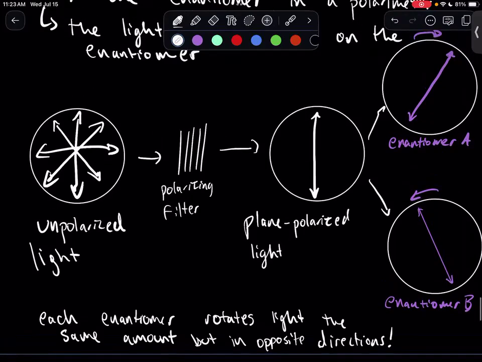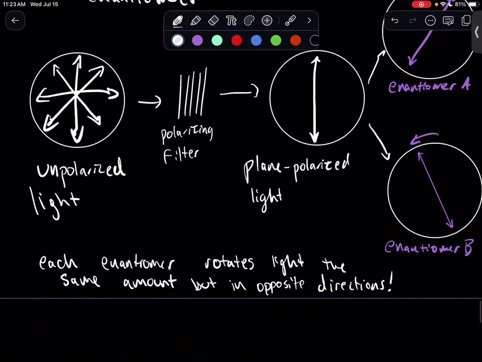And this is why we call them optically active. They can literally change the way the light rotates, or change the plane that the light moves upon. And so if it doesn't change it, we call it optically inactive, and that's where that comes from.